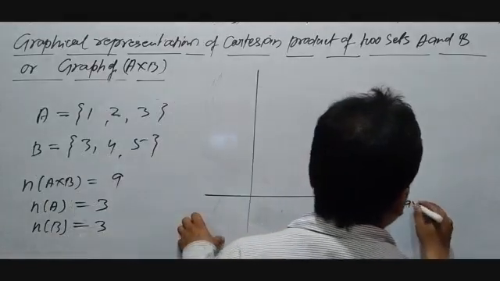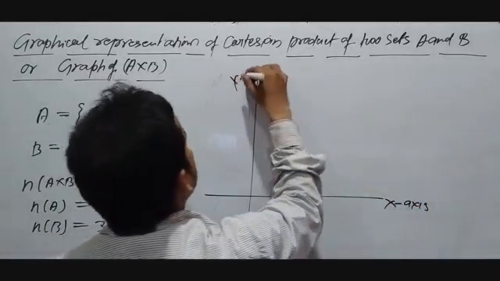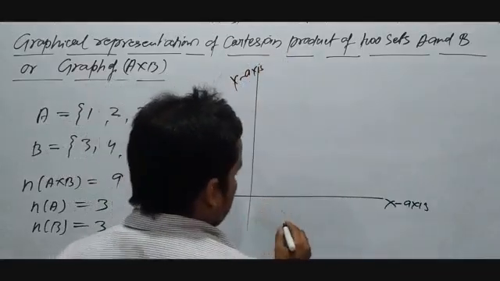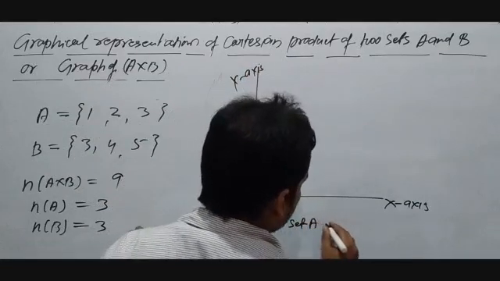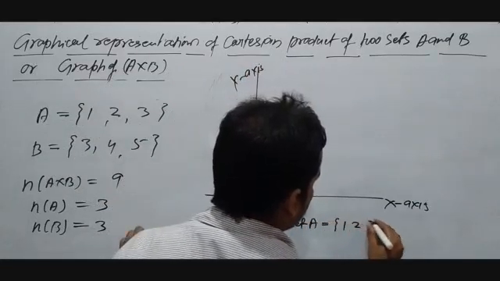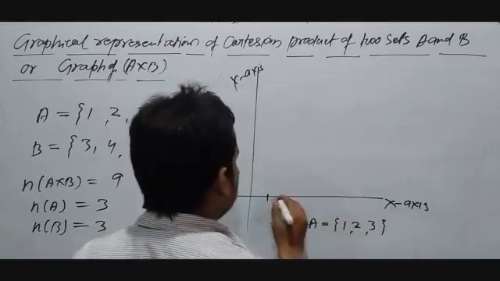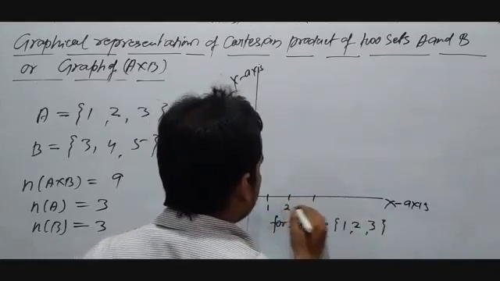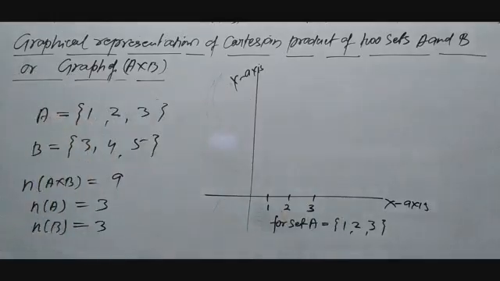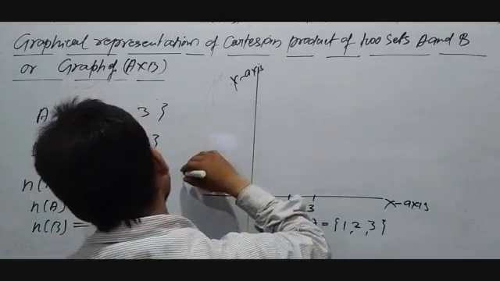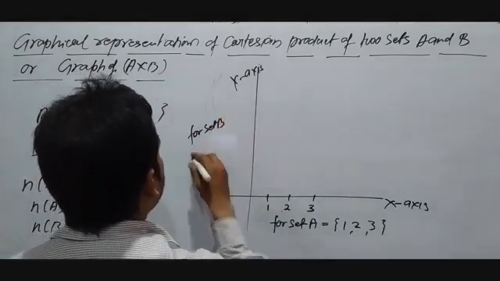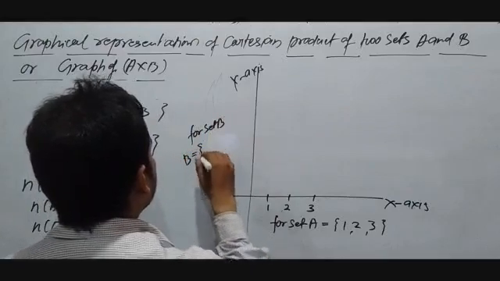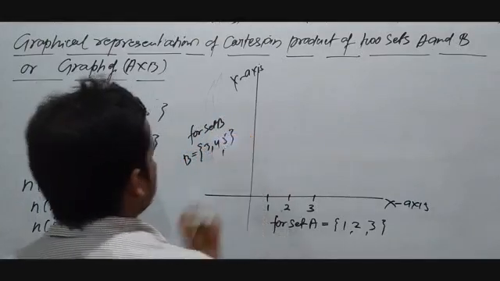X axis, Y axis, and this is for set A: 1, 2, 3, and for set B, B is equal to 3, 4, 5.